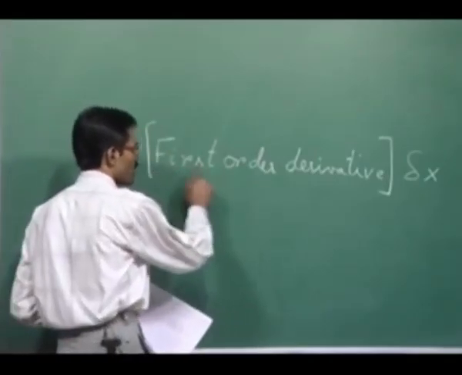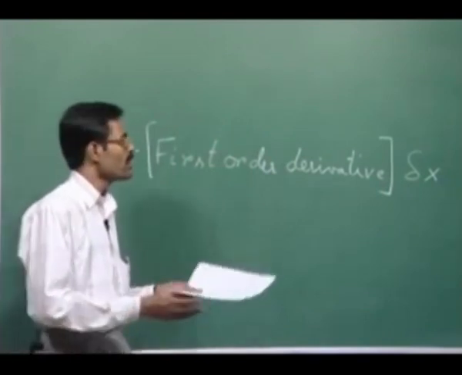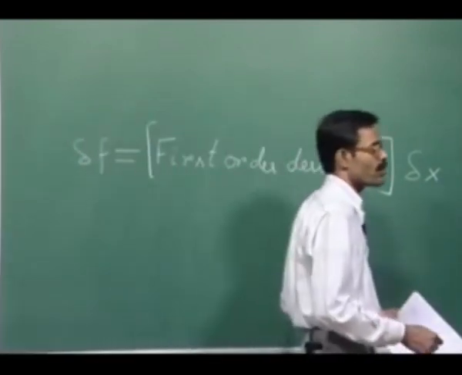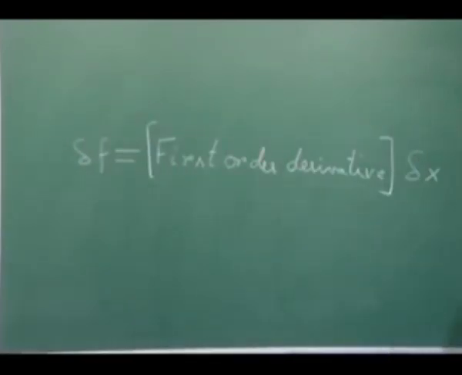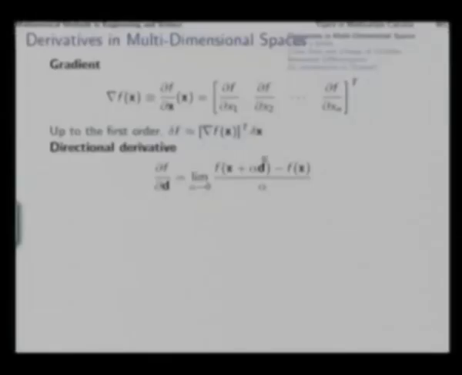So, in this sense the gradient vector forms the first order derivative of the function f, scalar function of a vector variable. So, this is the meaning of it.